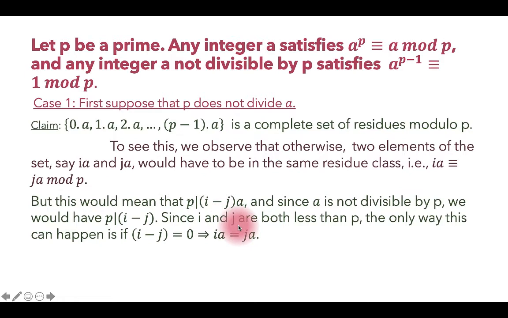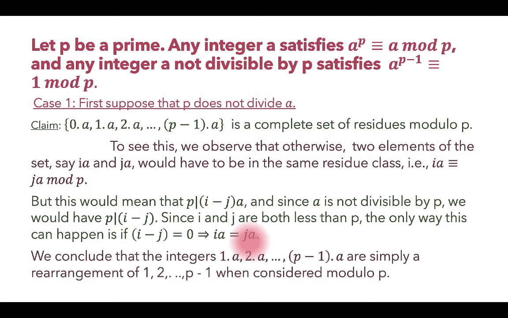That is, by our assumption, I and J are both less than P. So the difference will also be less than P. So this relation can happen only if I minus J is equal to 0. So I must be equal to J and IA must be equal to JA.